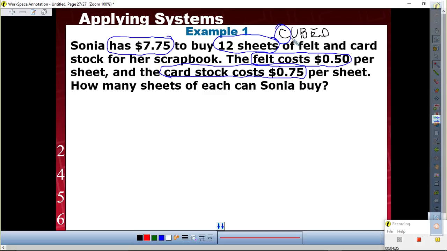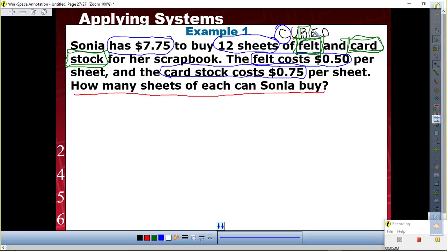Let's underline the question or questions. How many sheets of each can Sonia buy? All right? Let's box key information. Key information here is that it's talking about felt. I'm going to box felt, and I'm going to box cardstock. Felt, and cardstock. Okay?